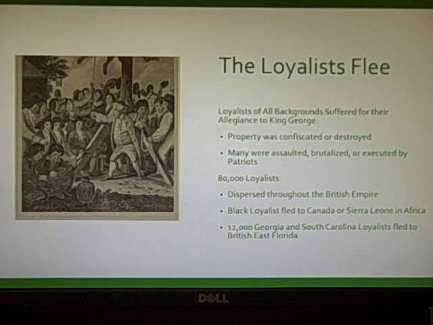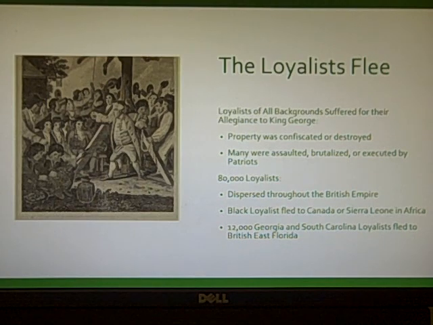Okay? Because obviously if you were a Tory, if you supported the British and the colonists have now won, the Patriots have won, you do not get to participate in the spoils of war, which means you do not prosper economically as a result of the war.